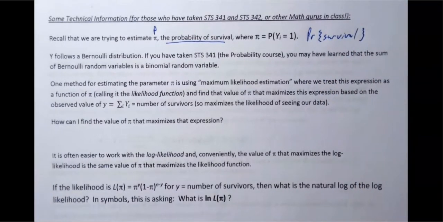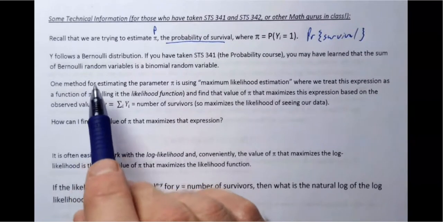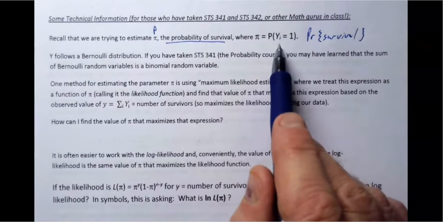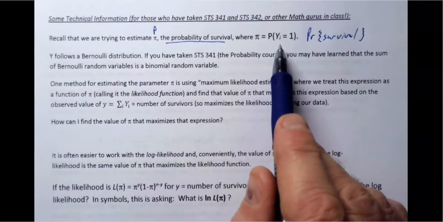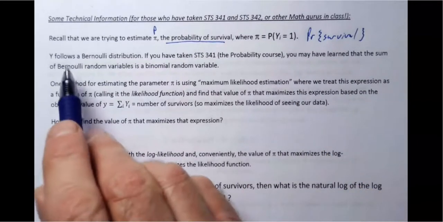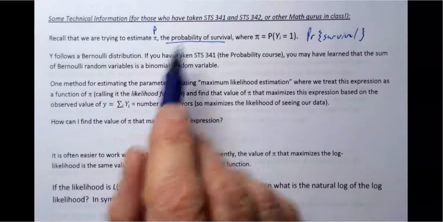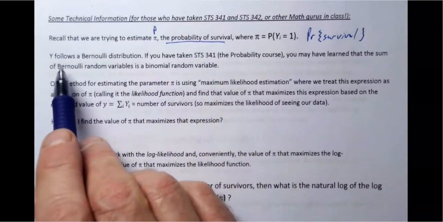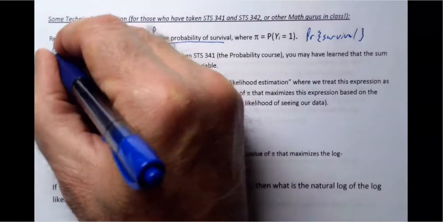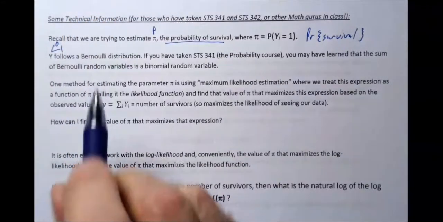In logistic regression, y takes on the values either 0 or 1. Each person either survives or dies, so each y is either 0 or 1. And if you've had stats 341, you might remember that this is called a Bernoulli distribution, if y takes on 0 or 1 as the two levels it can take.